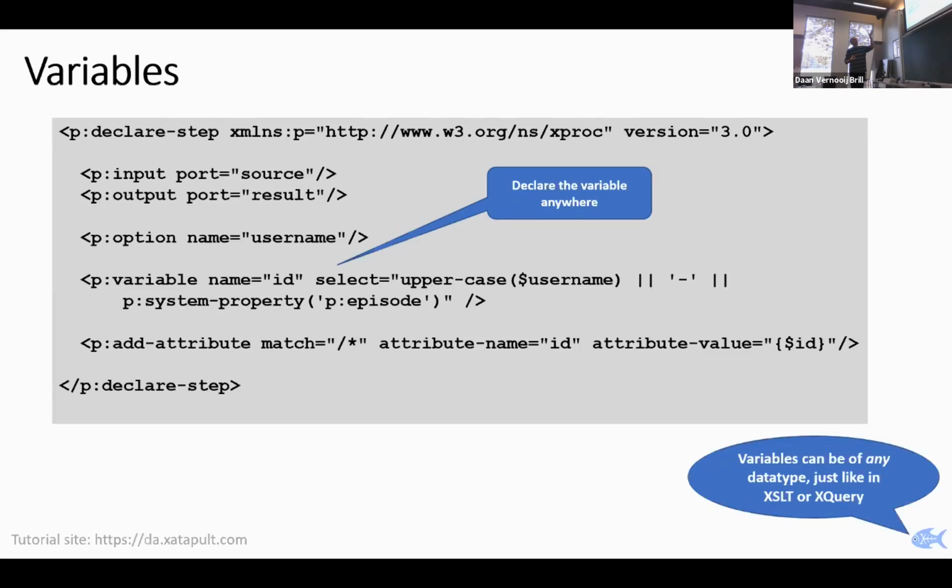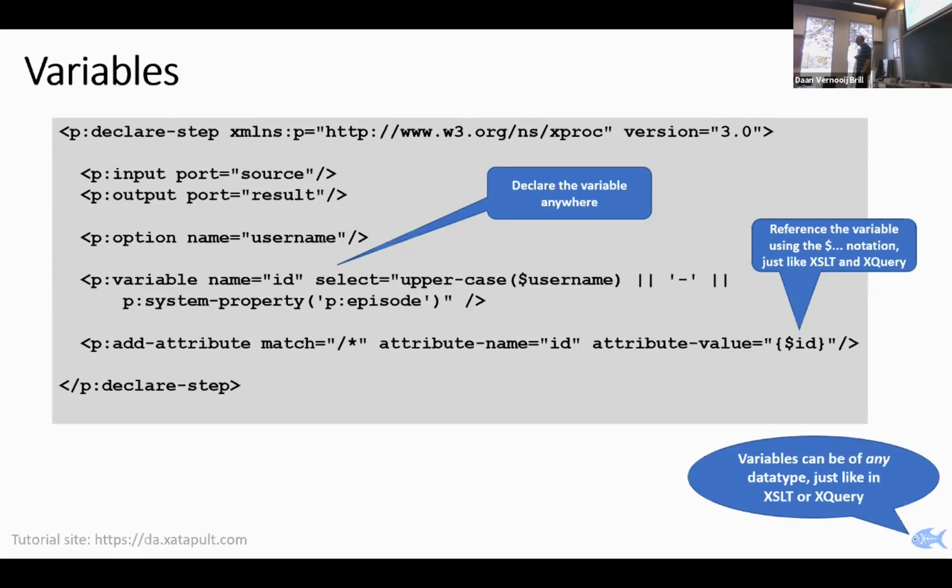In this case, I create a variable called ID. I'll get to the details later, which takes the username you put in as an option and does some interesting things with it. Then you reference the variable with a dollar in front, like XSLT. That's probably not a surprise.